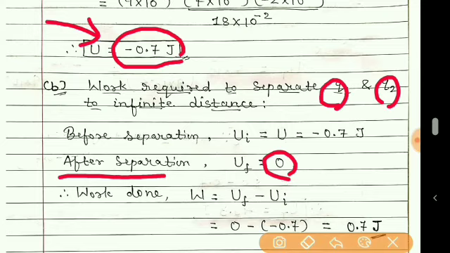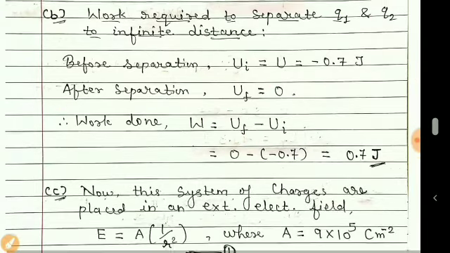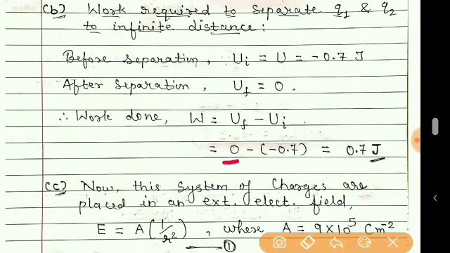will become zero. And so the work required to be done, W, is equal to the change in the potential energy, final potential energy minus initial. So here the final potential energy is zero, because the charged particles are separated to infinite distance, minus the initial potential energy, which is minus 0.7.